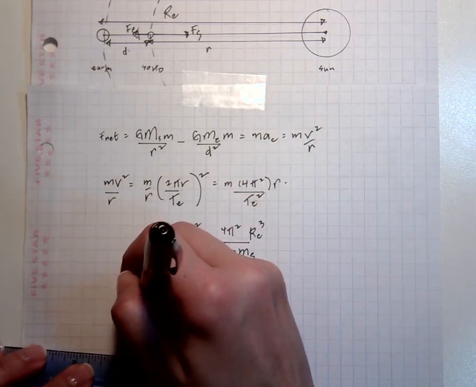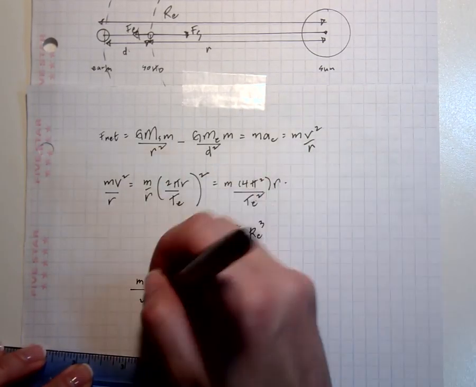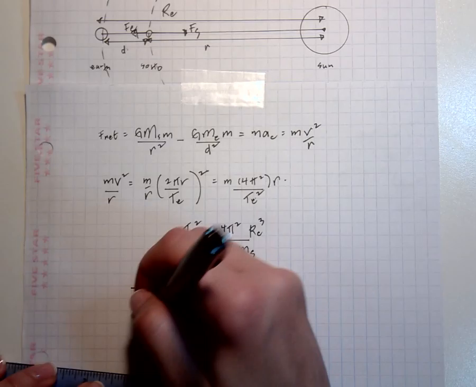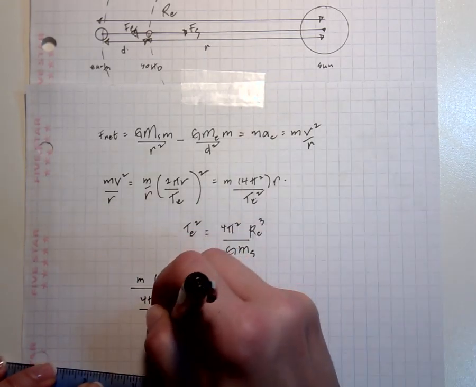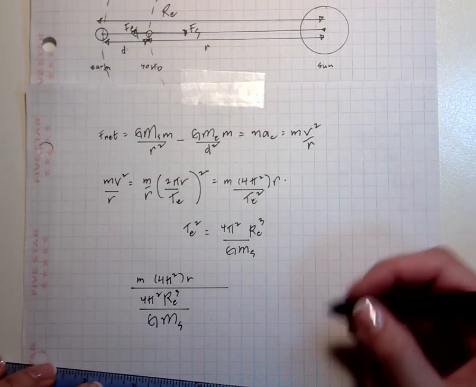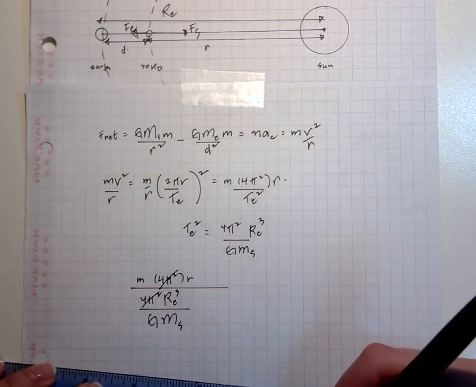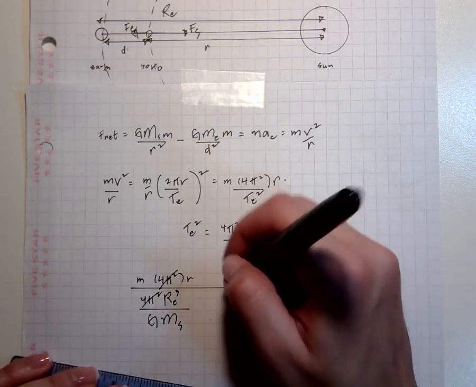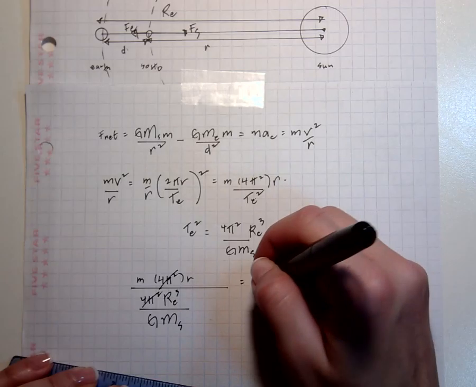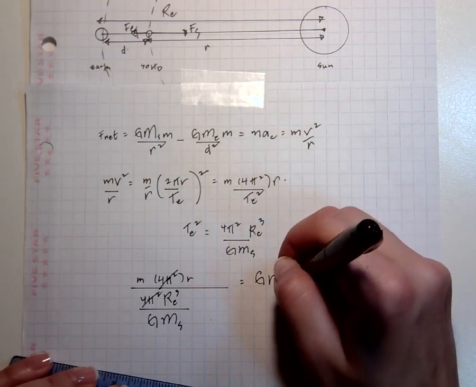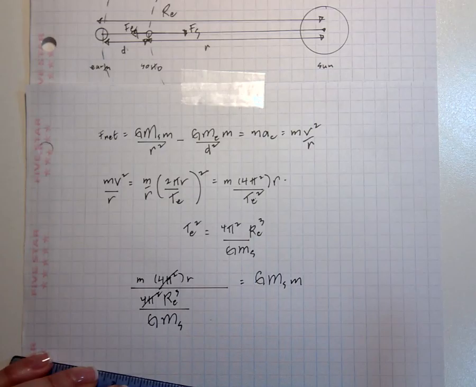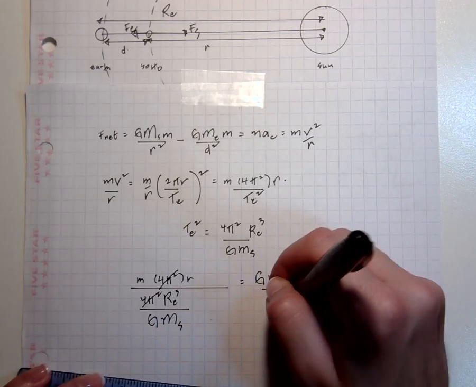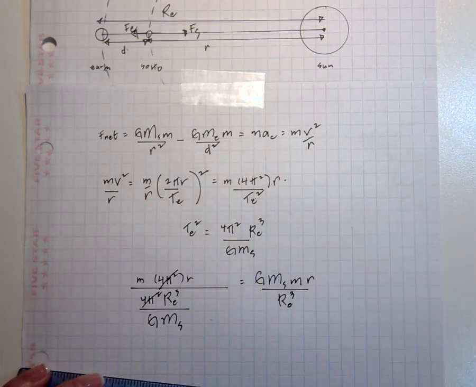You've got a 4 pi squared. You've got the orbital radius of the Earth cubed over G times the mass of the sun. Now if we simplify, 4 pi squared goes away. You have G times the mass of the sun times the mass of the satellite, you have r, and you have all of that divided by the orbital radius of the Earth cubed.